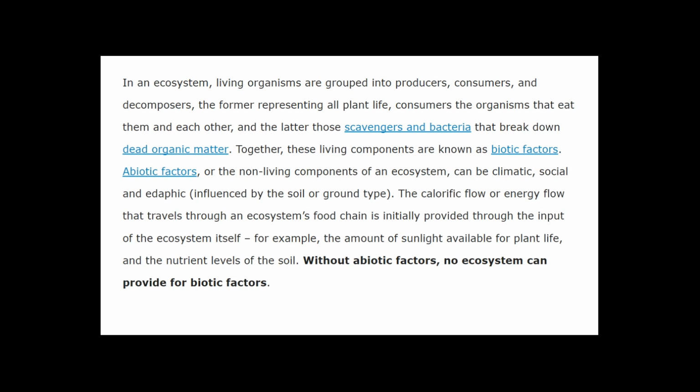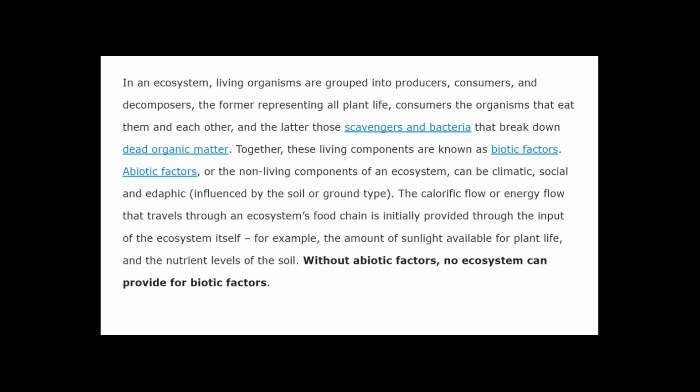And the calorific flow, or energy flow, that travels through an ecosystem food chain is initially provided through the input of the ecosystem itself. For example, the amount of sunlight available for plant life. So the energy that goes through an ecosystem must start with a producer in order to sustain the ecosystem.